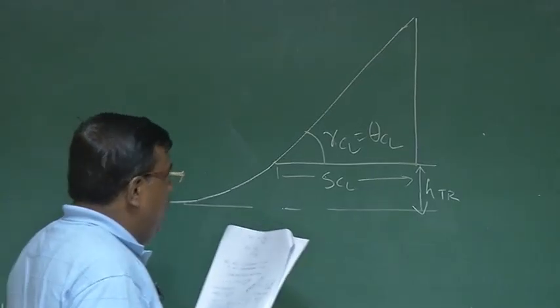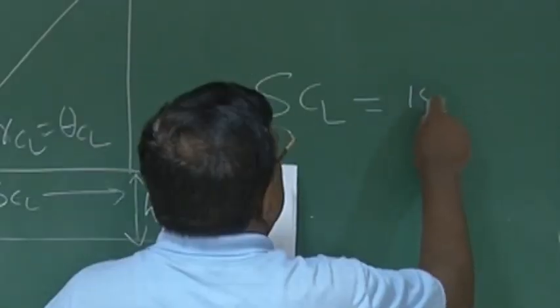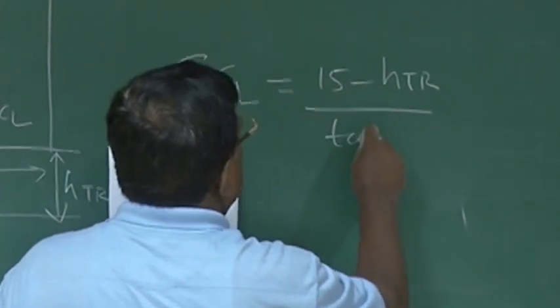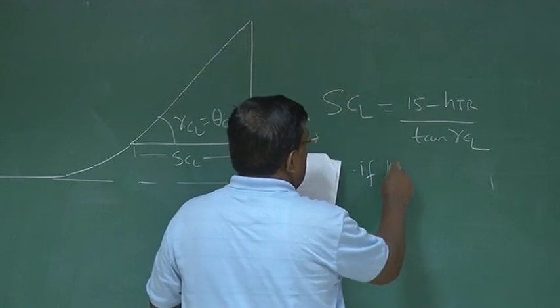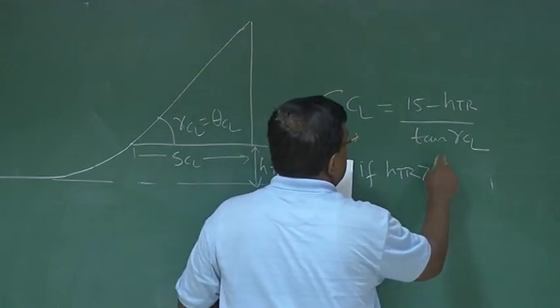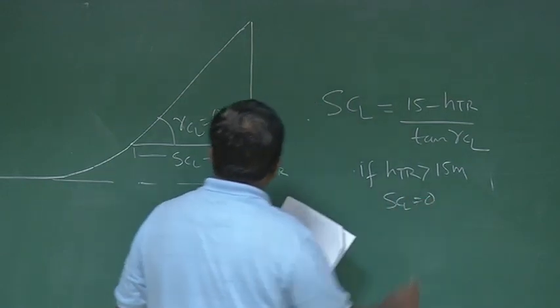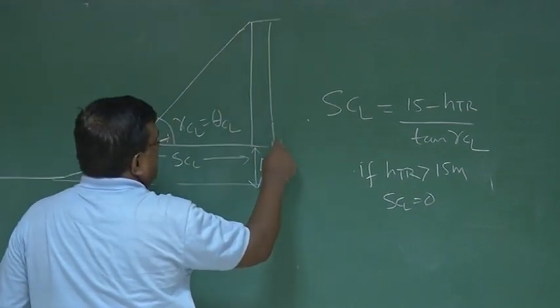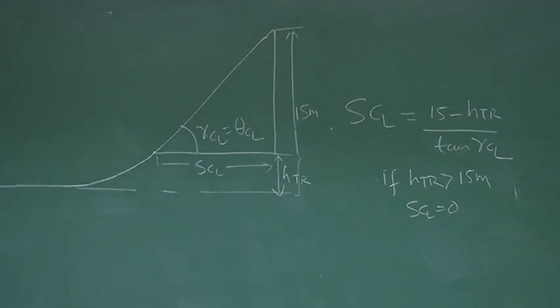So I can easily find SCL by using this relation: SCL equals 15 minus HTR by tan gamma CL. If HTR is greater than 15 meters, then SCL equals 0. This is simply by this geometry, because the total height is 15 meters. It is as simple as that. I hope you should be able to do this yourself.